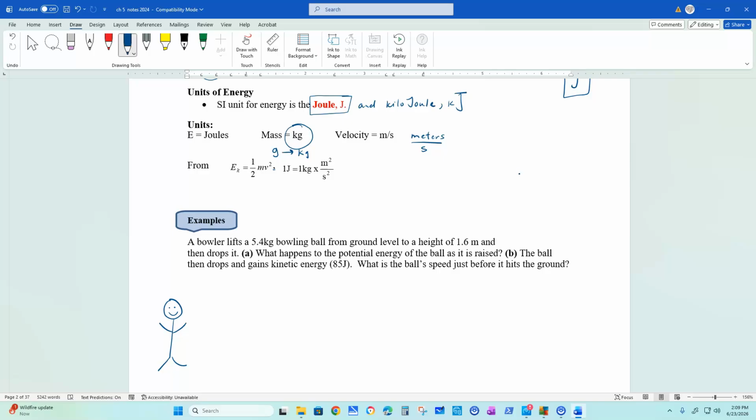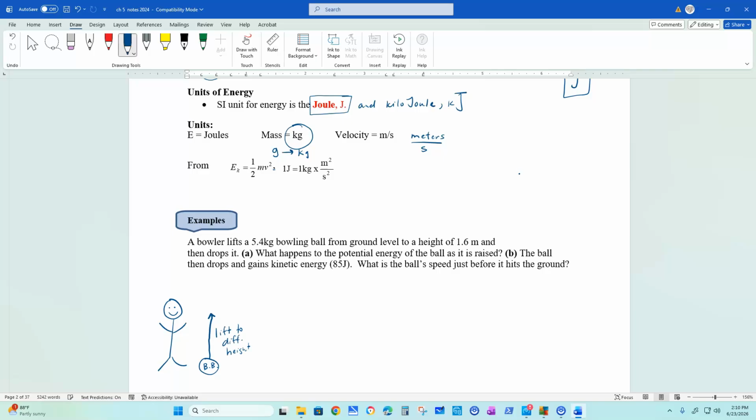And Brian, he lifts a 5.4 kilogram bowling ball from the ground to a height of 1.8. So the bowling ball, and I'll just put BB. Hey, BB, bowling ball, Brandon, he knows what that means. Okay. That bowling ball, he is now lifting it to a different position, to a different height.